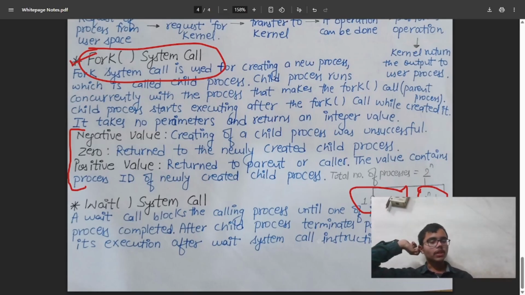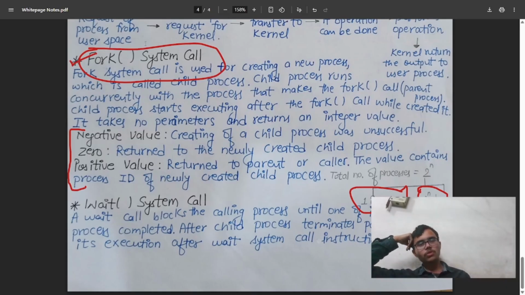What is the meaning of wait system call? In the code, there is a fork system call and a wait method is also given. So how to tackle that? This concept is basically used in synchronization, and one question from this concept also came in the PYQ.